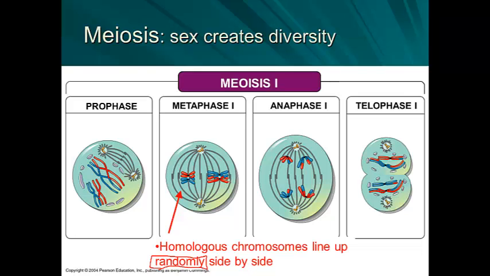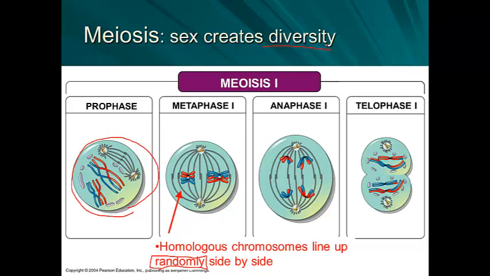You can imagine that if you have all of your chromosomes doing this, all 46 lining up this way, there are lots of possible combinations for which they can line up along the equator. I'm making such a big deal about that because the random alignment of chromosomes here at metaphase and the crossing over both create diversity in our gametes.